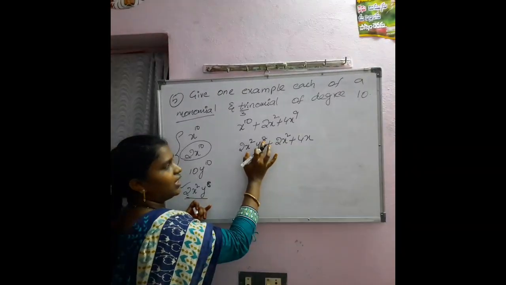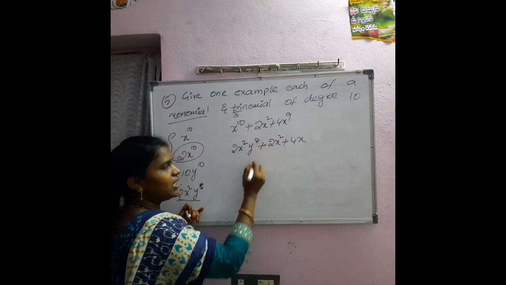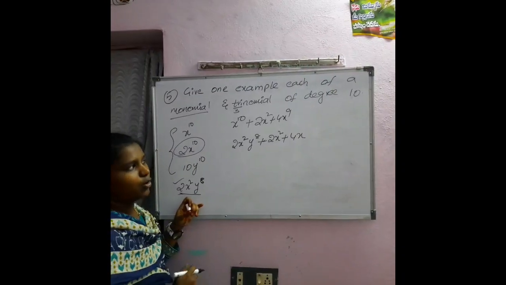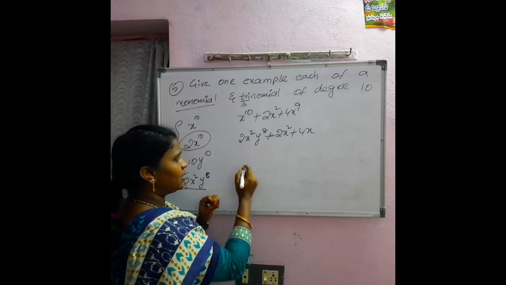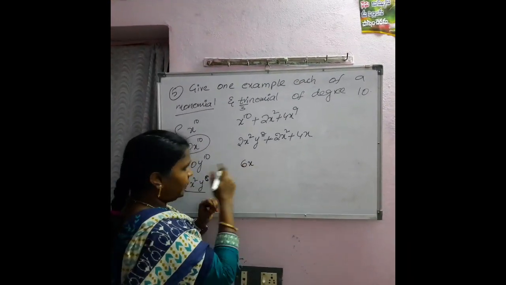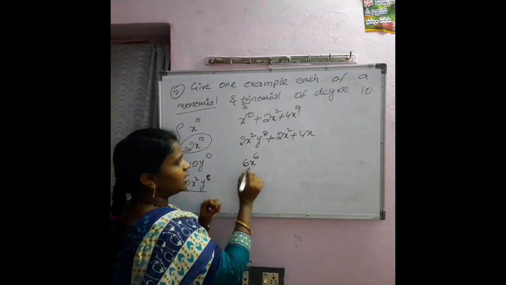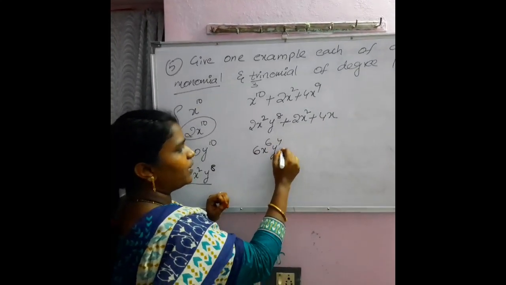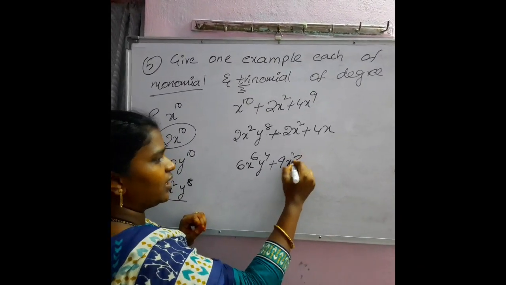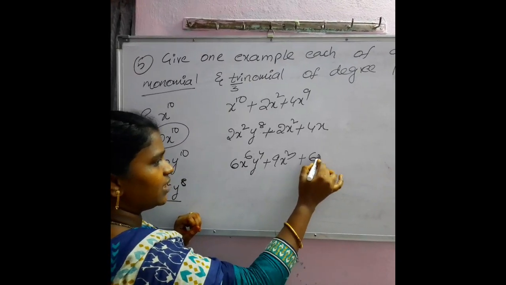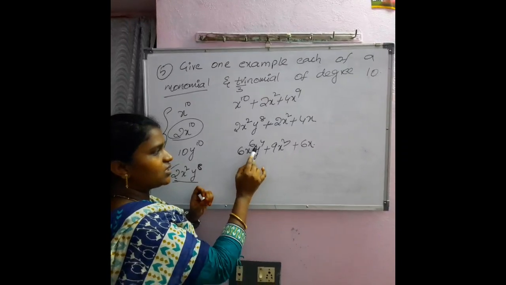If you add 8 plus 2, that is 10. The highest degree of the polynomial is 10. So it is a trinomial of degree 10. Or if I take 6x to the power of 6 and y to the power of 4 plus 9x cube plus 6x, then it is also a trinomial of degree 10. 6 plus 4 is 10.